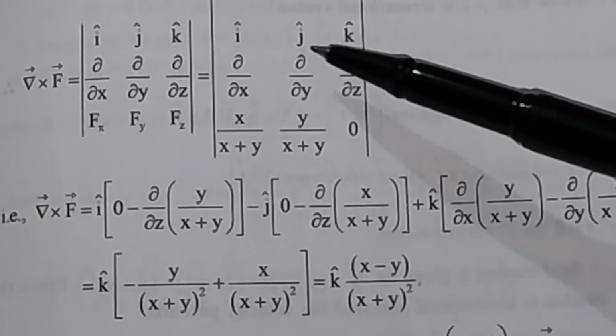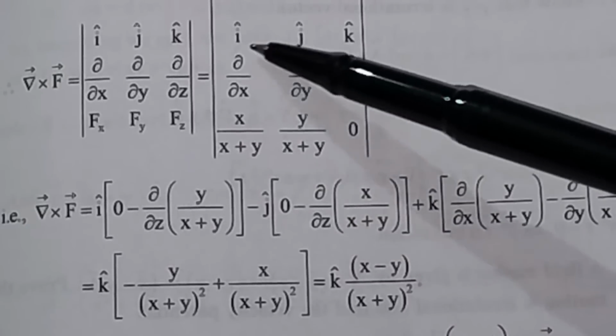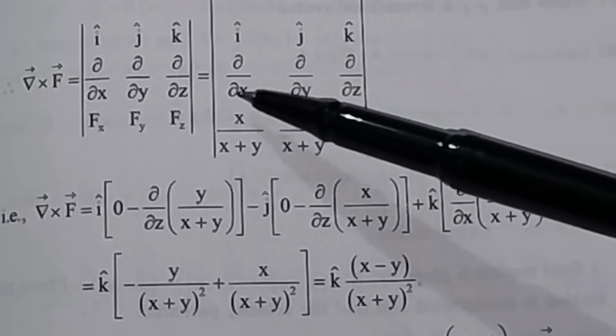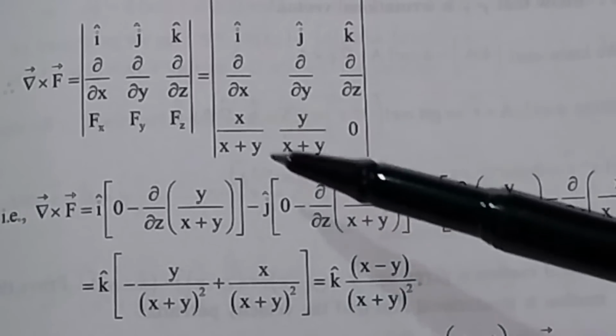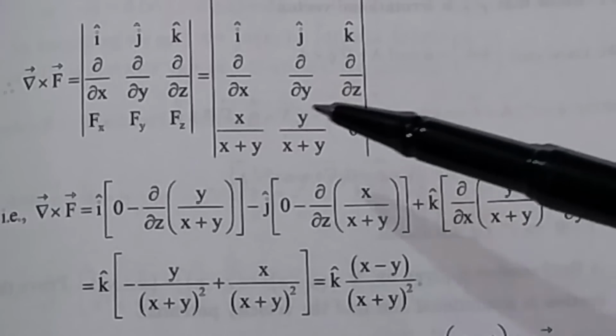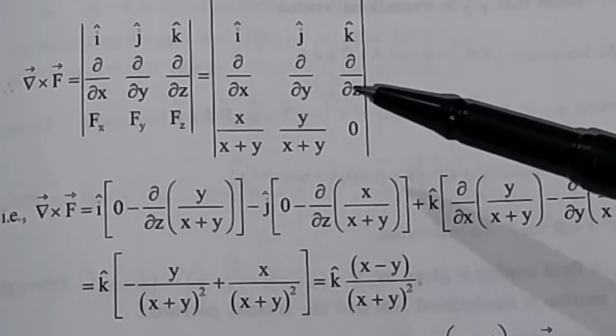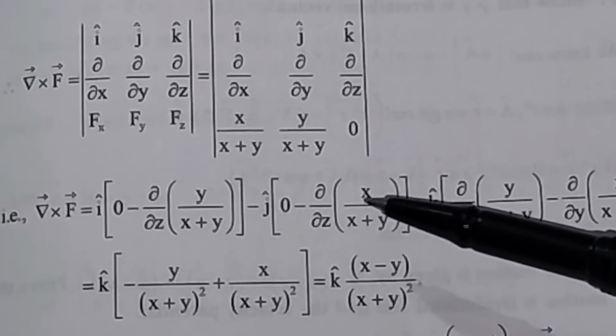Then minus j cap. For j cap you leave this column and this row. So partial derivative of 0 with respect to x, which is equal to 0, and partial derivative of x divided by (x + y) with respect to z, this one.